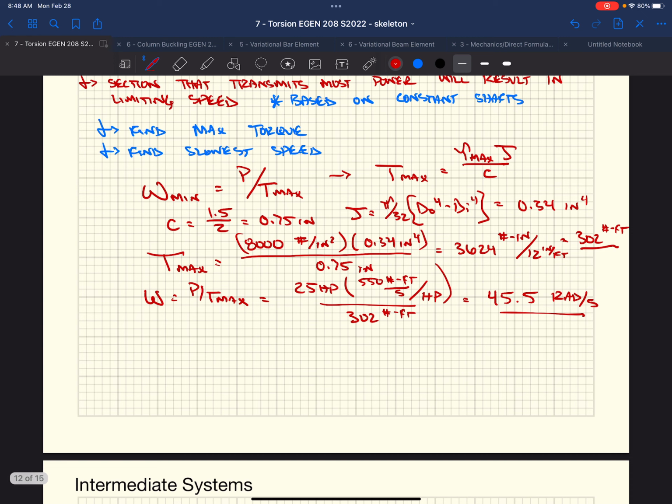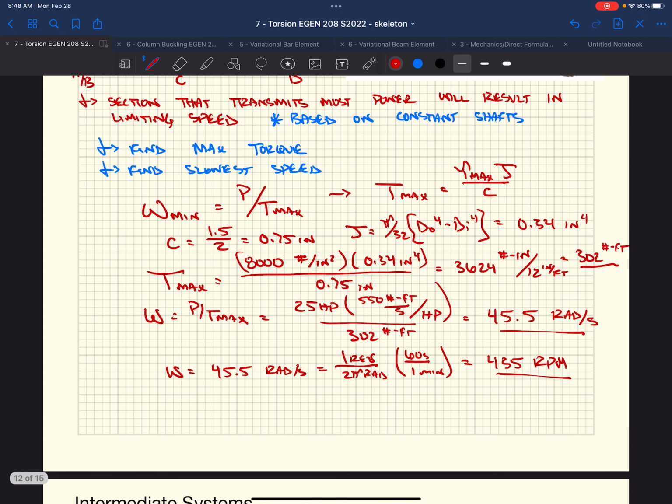Well, we wanted an RPM, right? So we got omega equals 45.5 radians per second. And we know that in one revolution, there are 2 pi radians, and in 60 seconds, we have 1 minute. We get 435 RPM. But we're not done yet.